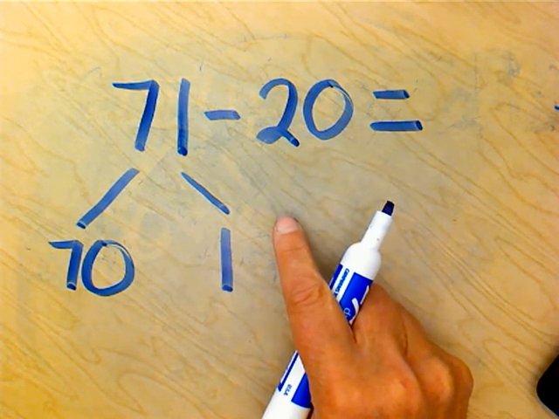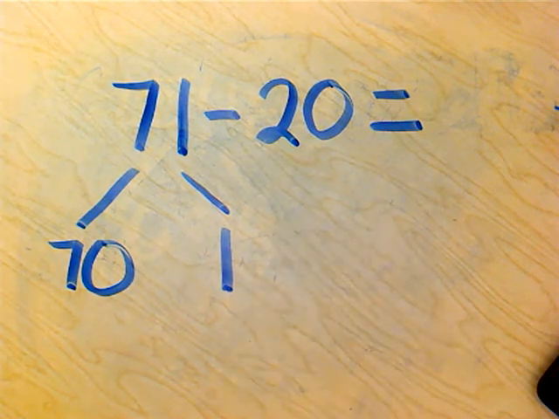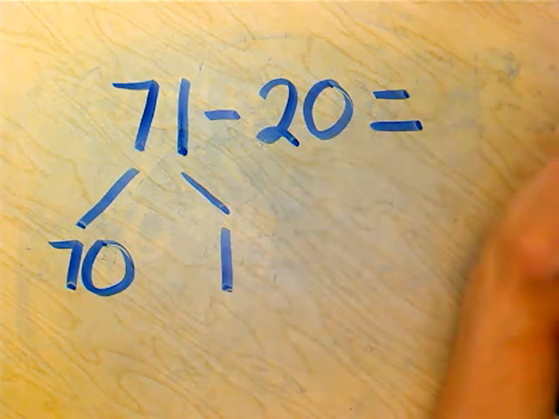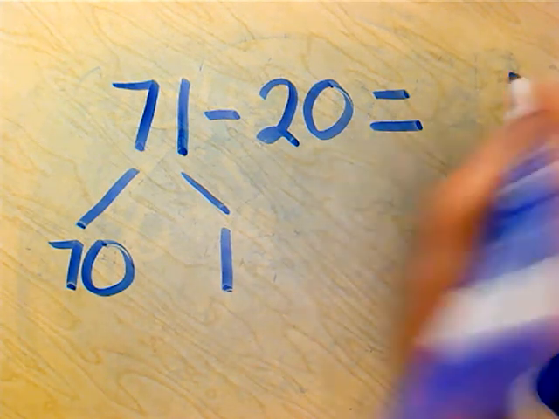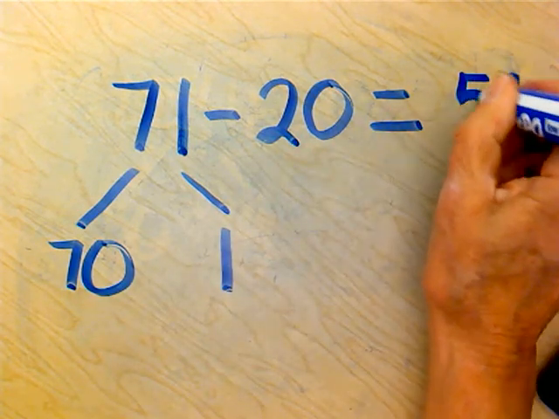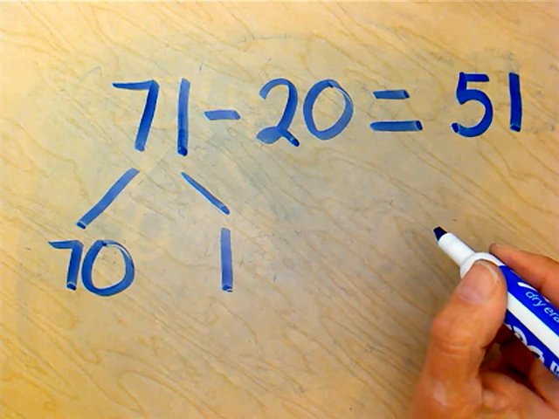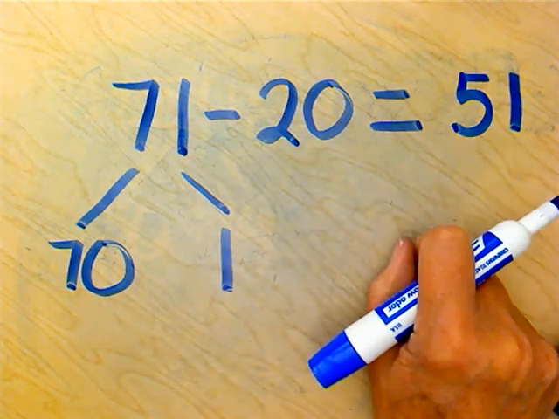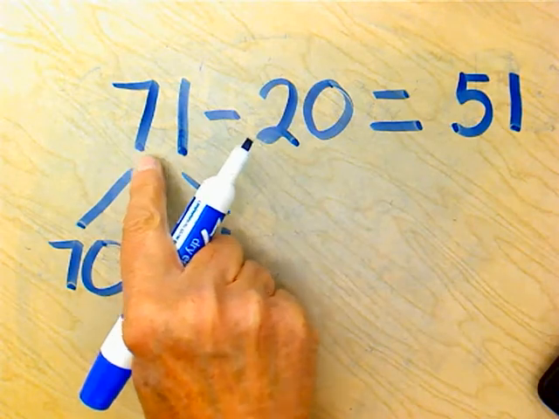Okay, figuring this out, 1 take away 0 is 1, and 70 take away 20 would be 50. So I get 51.